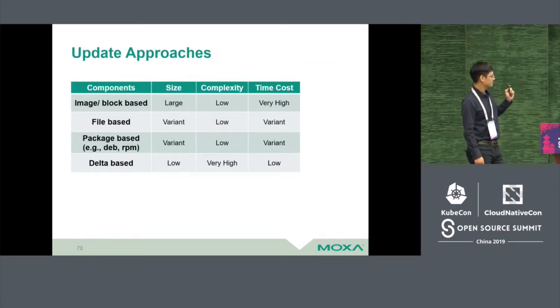And for the industrial embedded devices approach, we can use image block-based. It's quite a large size, okay? But it's much simpler. And file-based, package-based, and data-based. You can choose what you want, depending on your demand and your application.